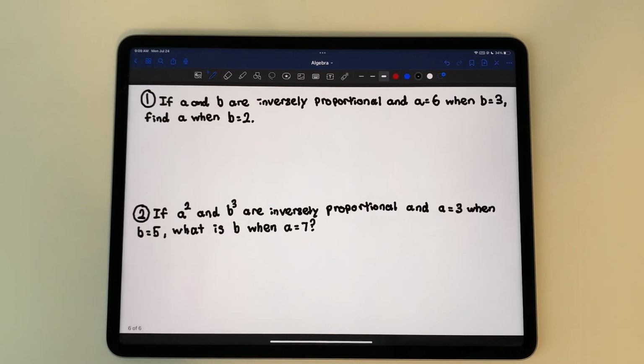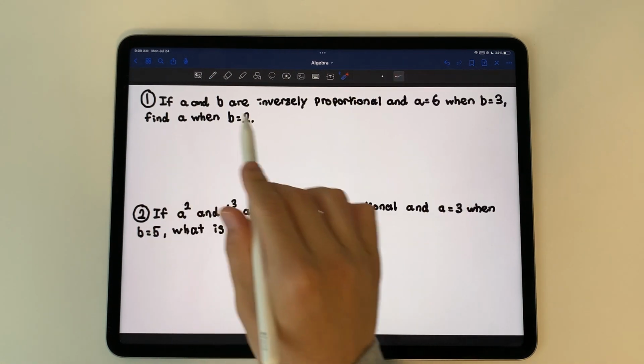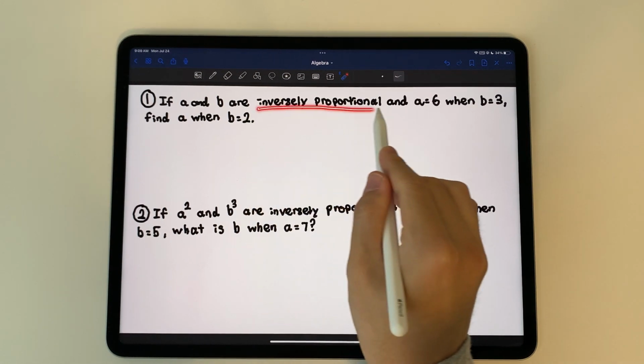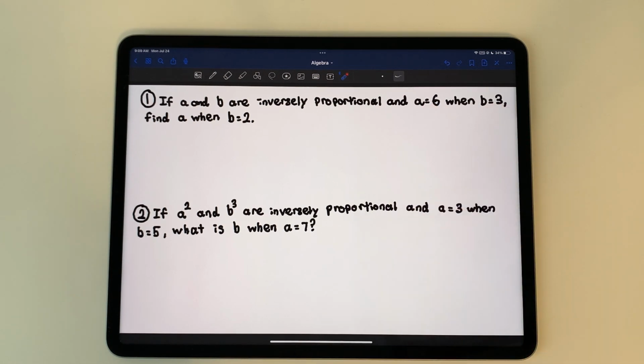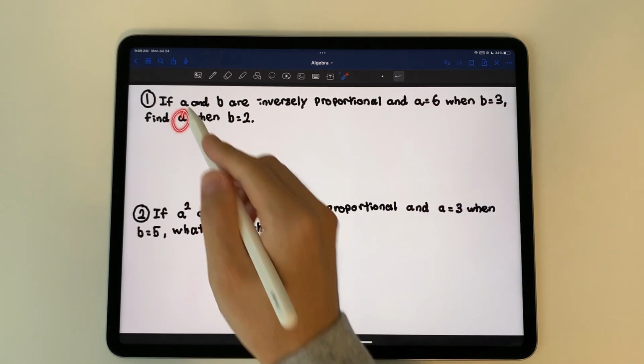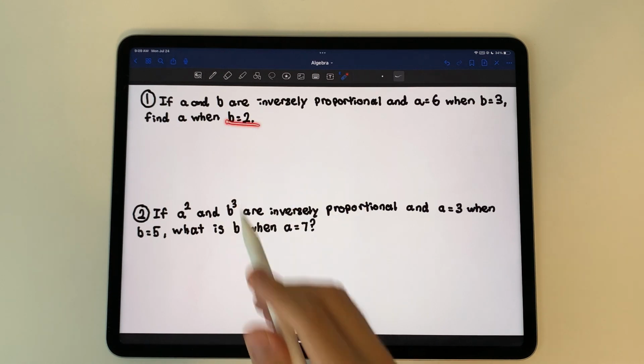Okay, there we go. So let's look at our first problem. If a and b are inversely proportional and a equals 6 when b equals 3, then find the new a when b equals 2.